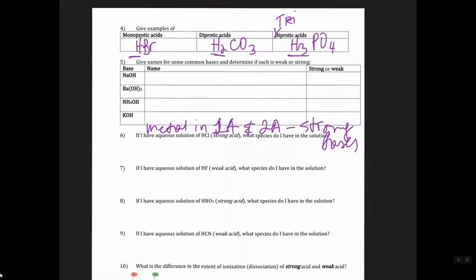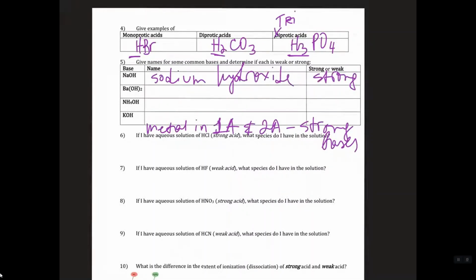And metals, or anything else that's not in group 1A or 2A, would be weak. So this one is going to be sodium hydroxide. And that's going to be strong because sodium is in the group number 1.